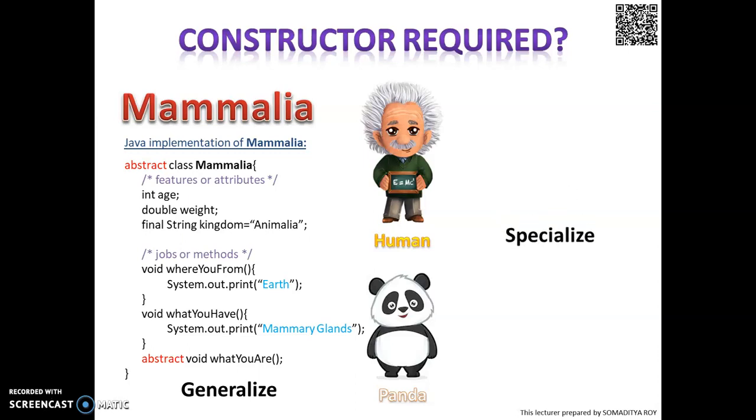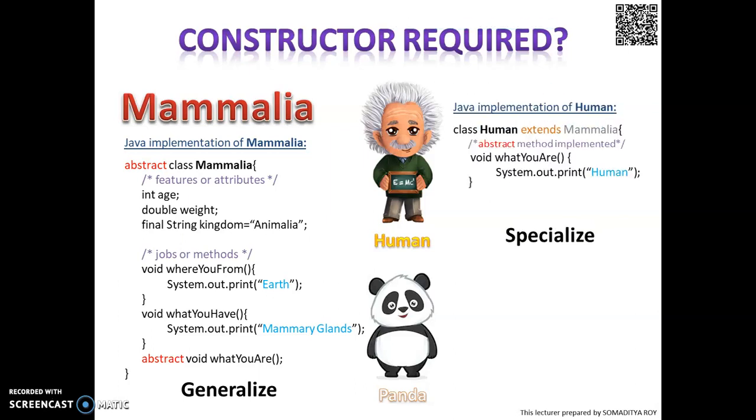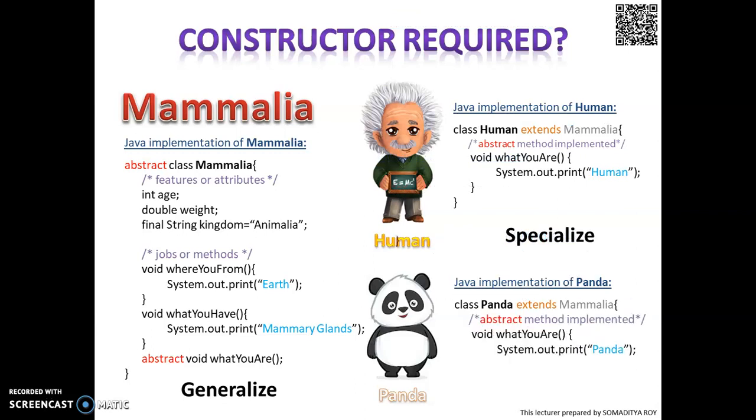Now let's focus on the specialized ones, human and the panda. So what about these two? Now if we focus on human and panda, both of them have the same superclass or parent class, which is Mammalia. So they extend the Mammalia class.